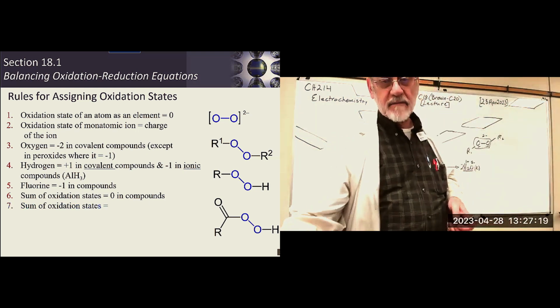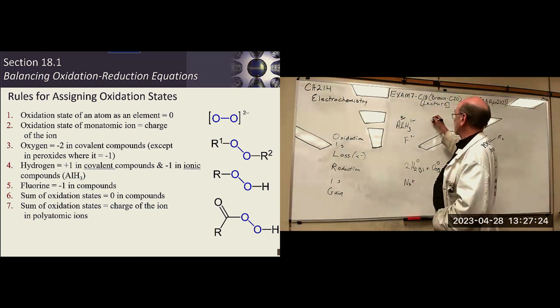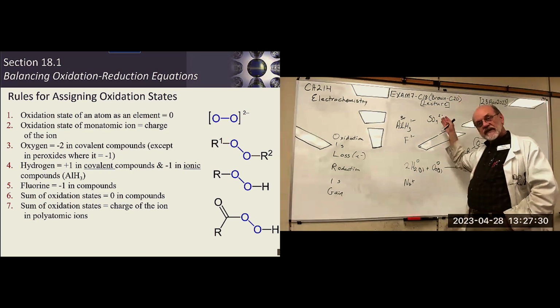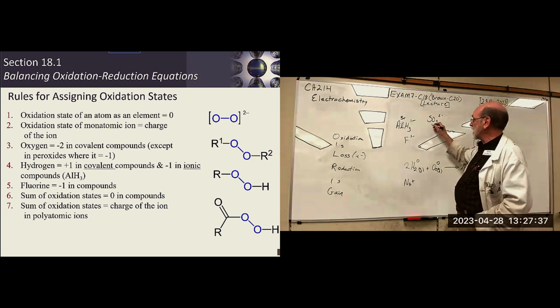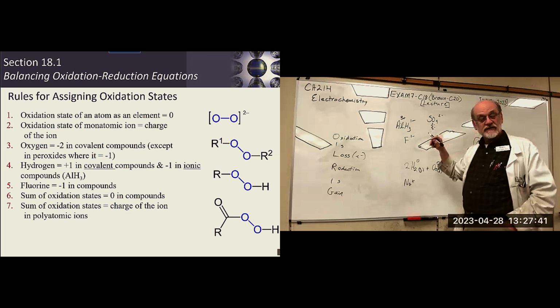If, on the other hand, we have a polyatomic ion, such as sulfate, it has a charge. So the sum of these oxidation states must be the charge. So that oxygen is a -2 times 4 of them means we have 8 minuses for the oxygen.